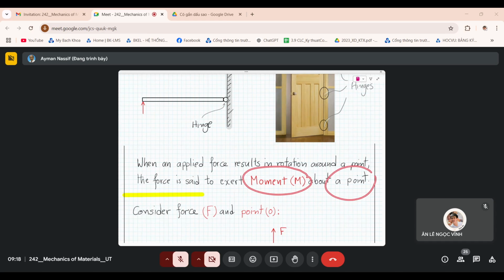To exert moment, rotational effect. So the moment is a rotational effect of the force. Whether we're talking about two-dimensional or 3D, the force will cause a kind of rotational effect or tendency of rotation. All right.